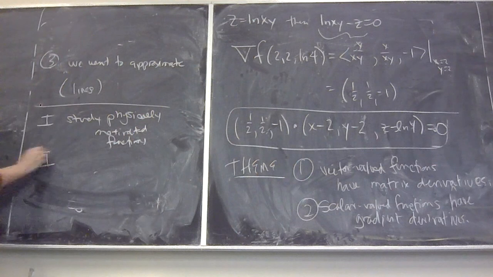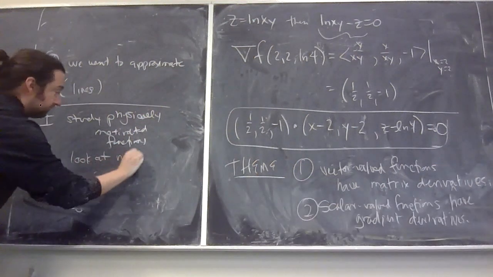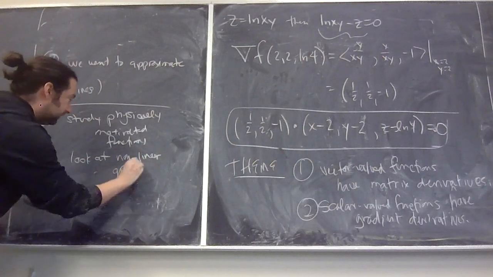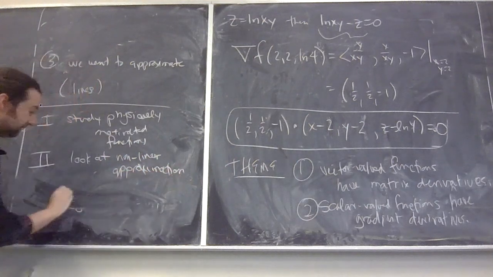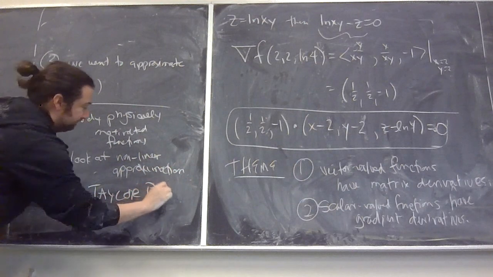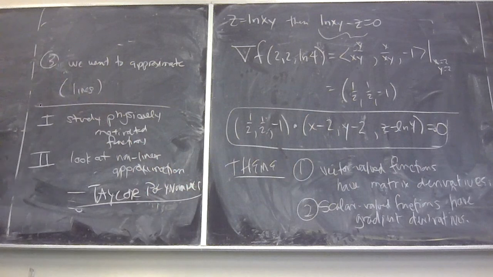And the second is that we're going to look at nonlinear approximation. And as somebody in here guessed, that's going to mean Taylor polynomials. Taylor series turn out to be a really useful idea in more than one variable as well, but also kind of a total pain to deal with.